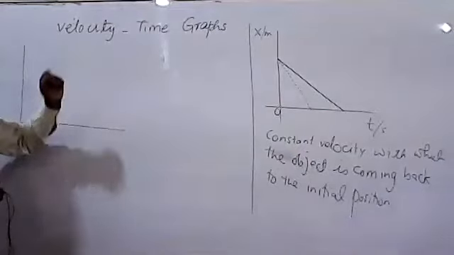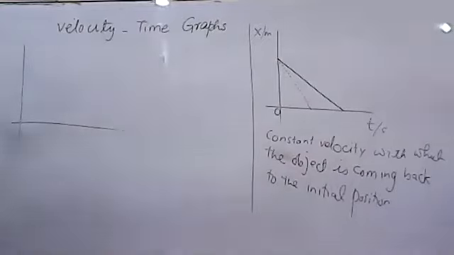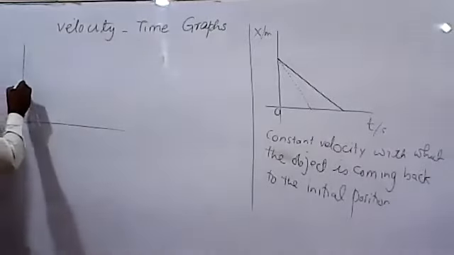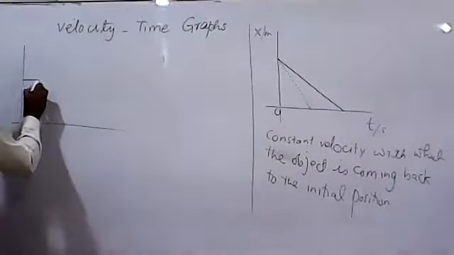One situation in which an object is moving at a constant velocity is the one when a car or a train or a plane is moving at a constant velocity or a constant speed along a straight line in a given direction with no acceleration in it. That graph is something like this.